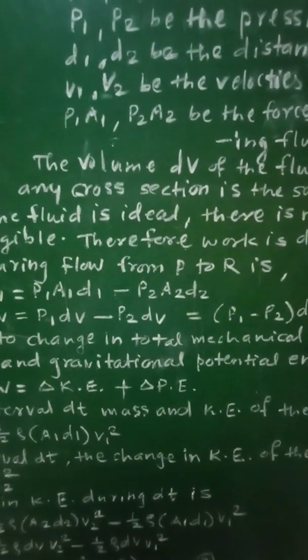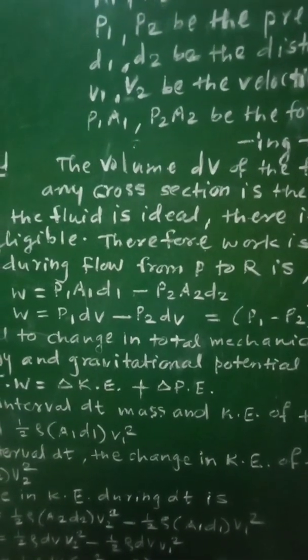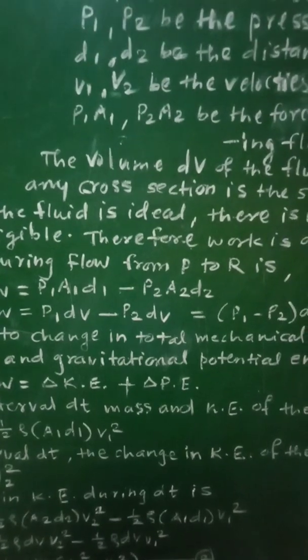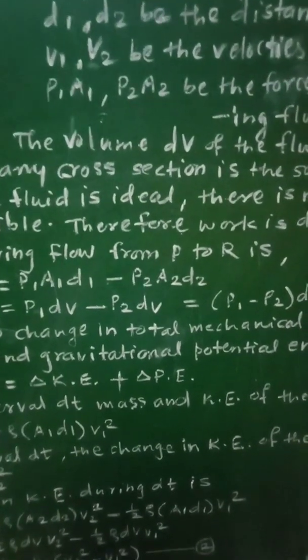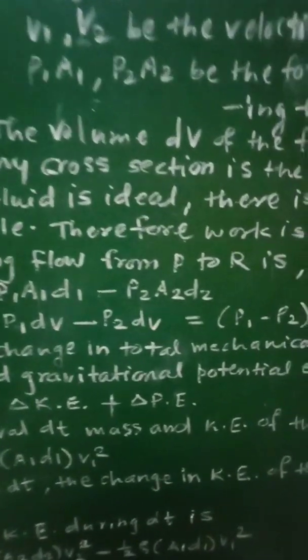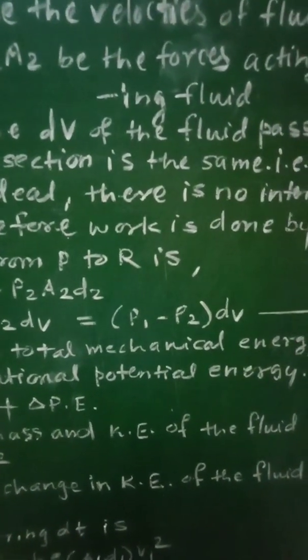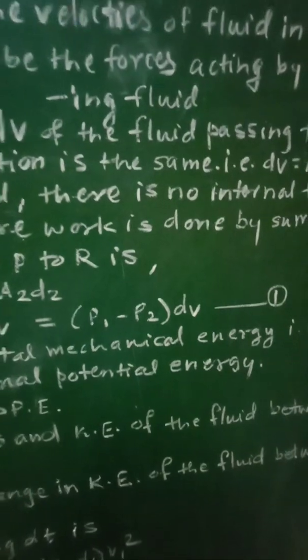Here we have considered dV in place of A1 D1 as well as A2 D2, and therefore W will be equal to P1 minus P2 into dV. By taking dV common, that will be equation 1.